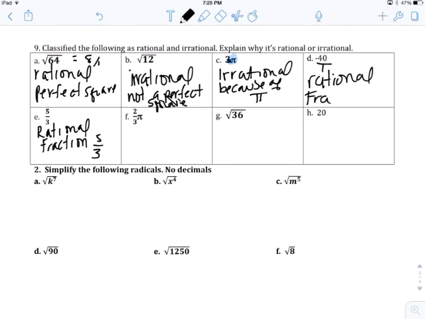Fraction of -40/1. Pi, irrational. Perfect square, rational. Rational because it's fraction 20/1. Any number that can be made into a fraction is called a rational number, okay?